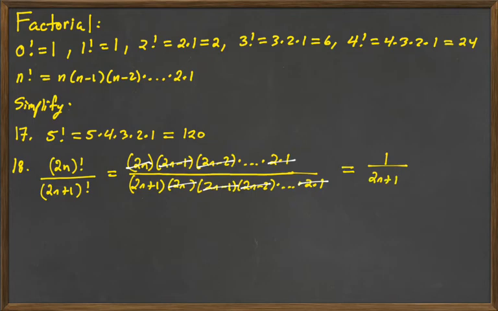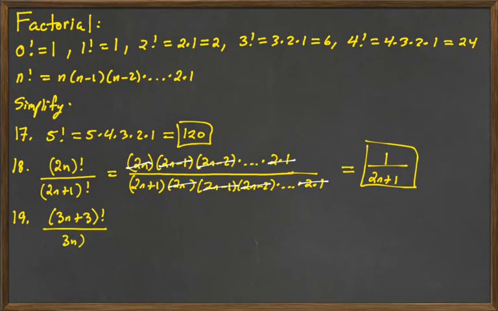So let's do another one very similar to that, but we won't write it all out. So 19, let's look at 3n plus 3 factorial over 3n factorial. So what we're going to do is we're going to write out the larger one until we get to 3n.